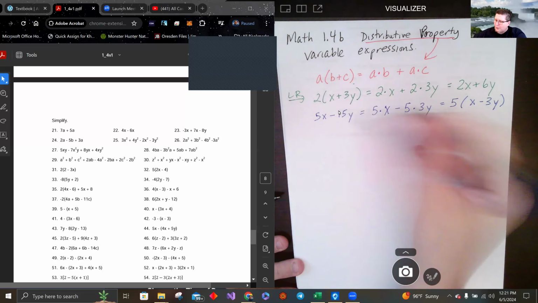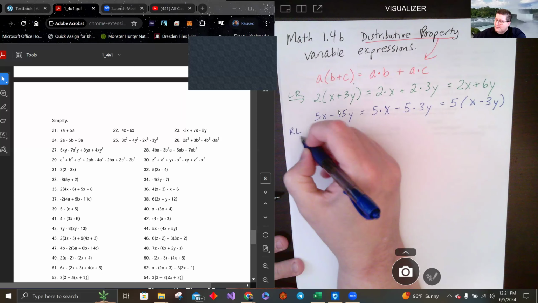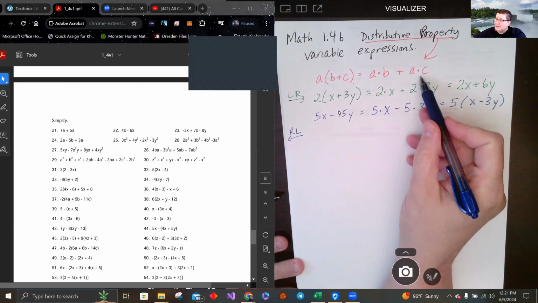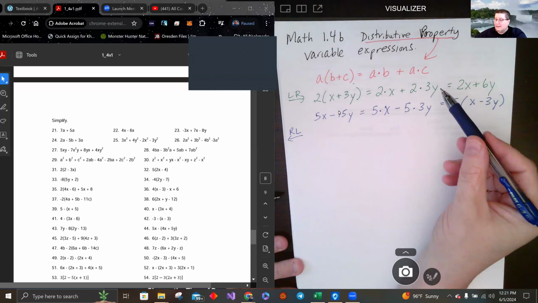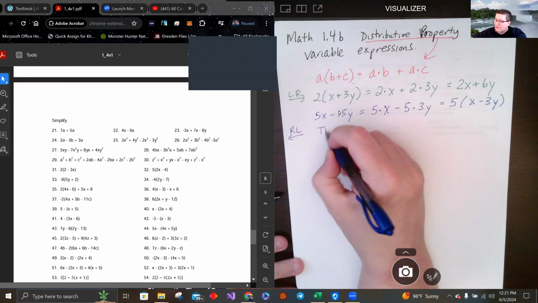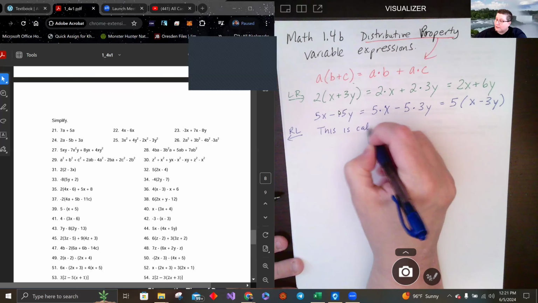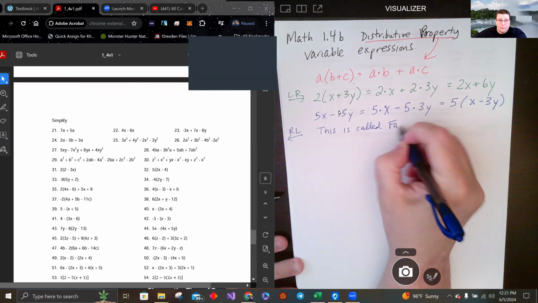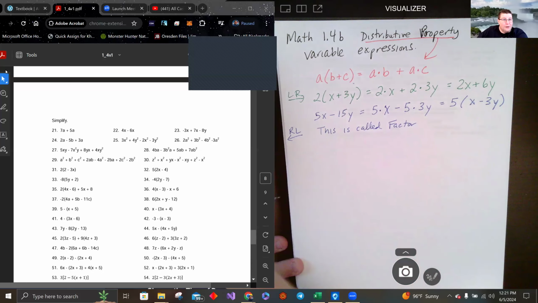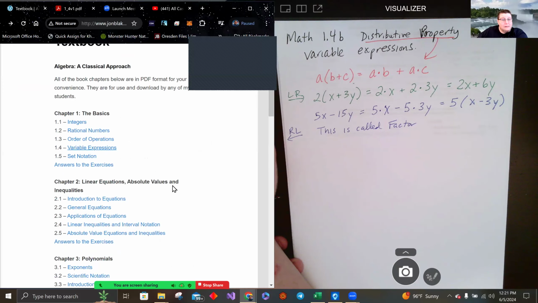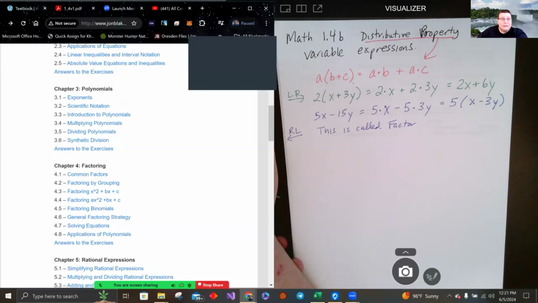This is going right to left in that equation, in the distributive property equation, the way I listed it. This is called factoring, which we have an entire chapter for. I want to say it's chapter 3 or 4. 4. Okay.